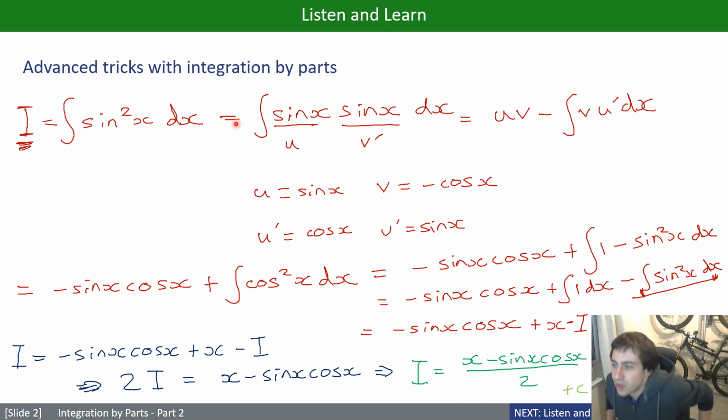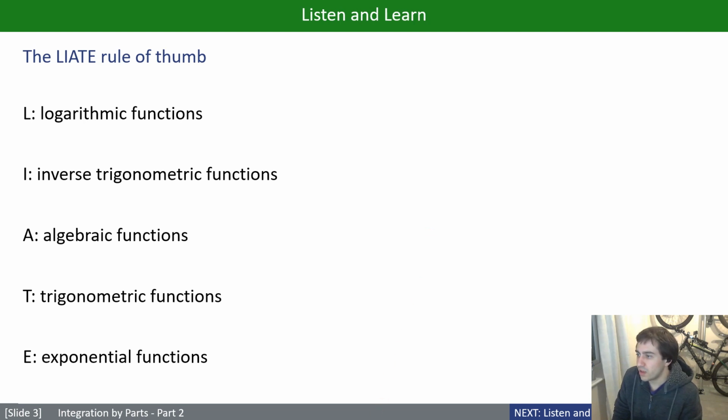Cool. All right. So let's look at now some more rules of thumb that we can actually apply for the easier case, or perhaps the less tricky case of integration by parts. So there's this thing I found, which I'm sure some other maths teachers use as well.